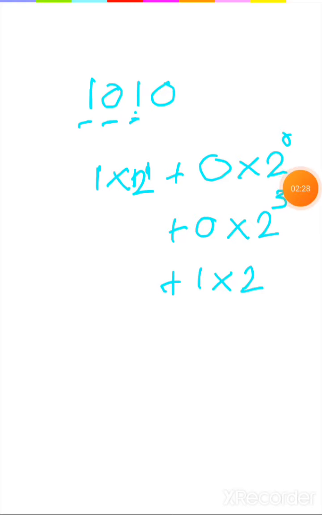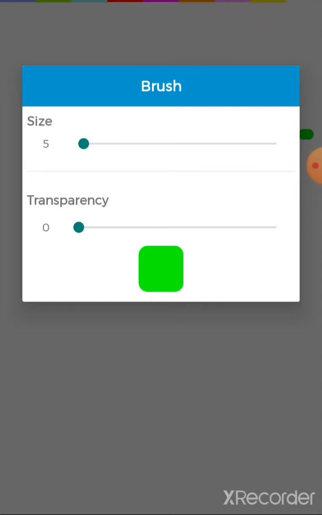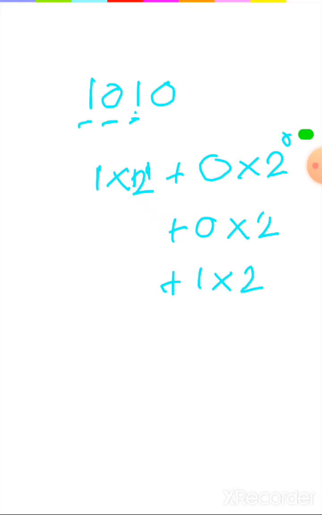Here is an error. So 0 is multiplied with 2 raised to power 2, and 1 is multiplied with 2 raised to power 3.